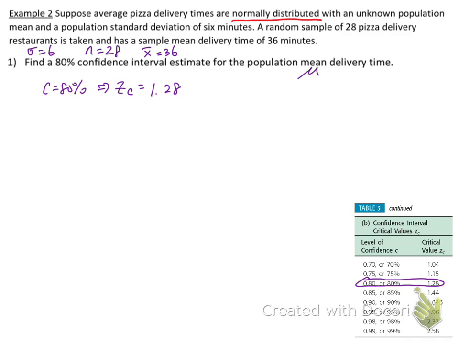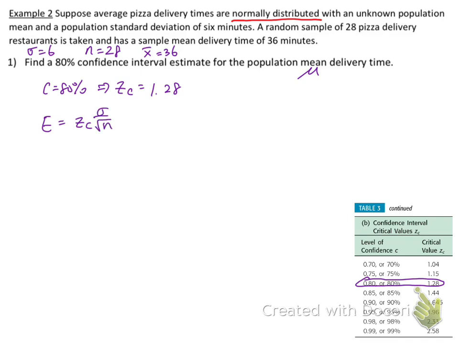Then you are going to use the E formula. By the way, the E, the maximum margin of error, is in the formula packet. Both of the formulas are in the formula packet actually, but it's shown backward. E equals ZC sigma over square root of n.